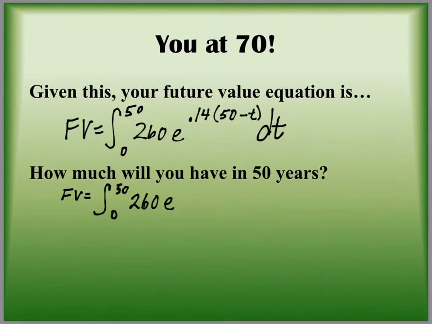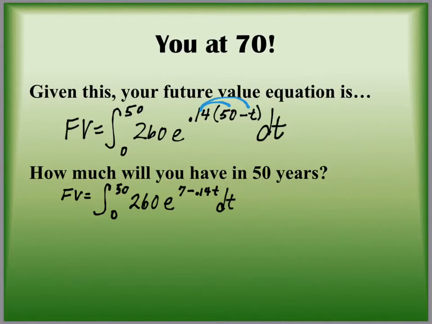If I multiplied 0.14 times 50, what do I get? You guys know? What is it? 7. It's 7. So I'm just distributing this piece through like this. It's 7. So then I have 7 minus 0.14t, dt. Everybody good with that?